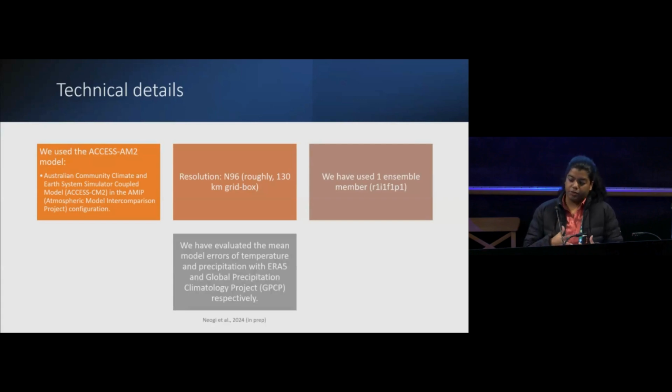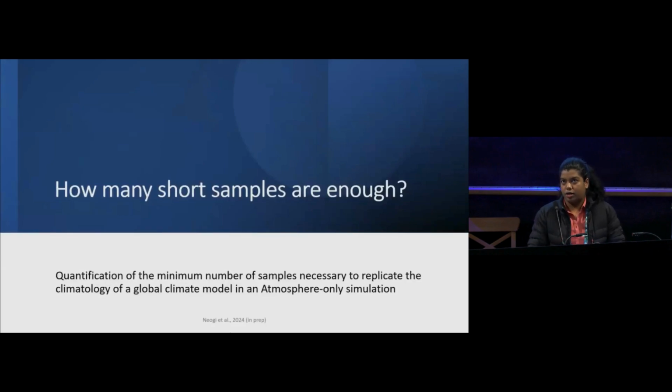We've tried to evaluate if the mean model errors in this model, in the AMIP simulations, can be reproduced in our short samples, and to quantify how many short samples we need to reproduce the climatology.